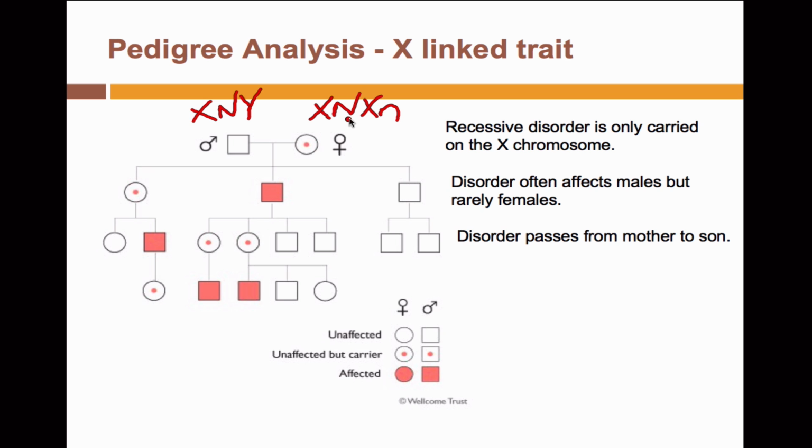So she has this dominant N for the normal trait, which means that she's a carrier, but she's not affected by it. And the way that I know that she's a carrier is because this son of hers has X lowercase n Y. He's affected by the disorder, and so he carries that trait on his X chromosome, and he had to get that from mom. Dad's normal, he's not affected, he only has 1 copy of it, so he couldn't have passed on that recessive trait. Mom had to pass that on.